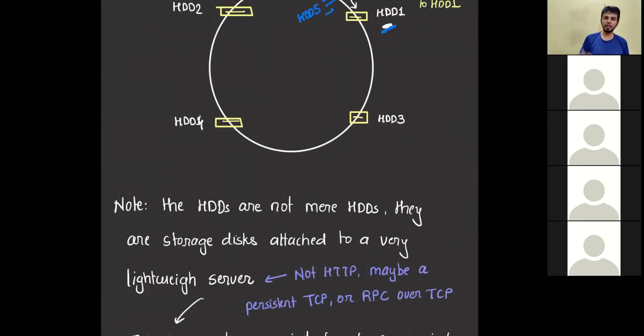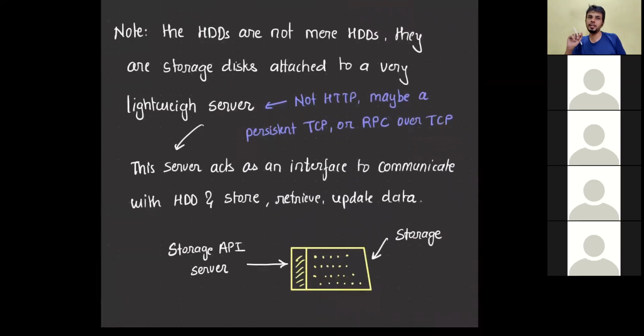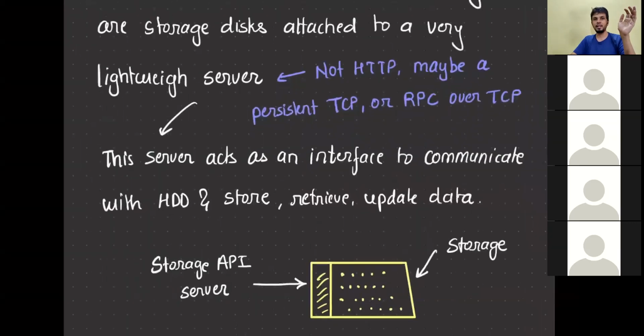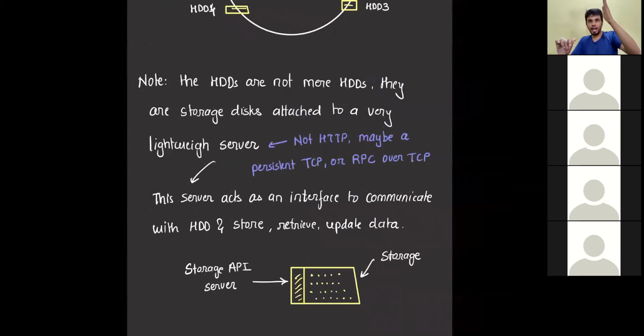Okay, so now here, when we're talking about hard disk, these hard disks are not just mere hard disks, but storage disks having a very lightweight HTTP server, or maybe a TCP, RPC, or any raw TCP connection server, which would act as an interface.